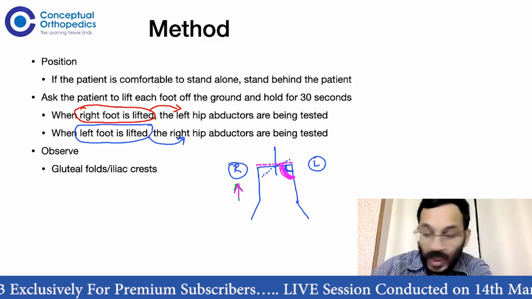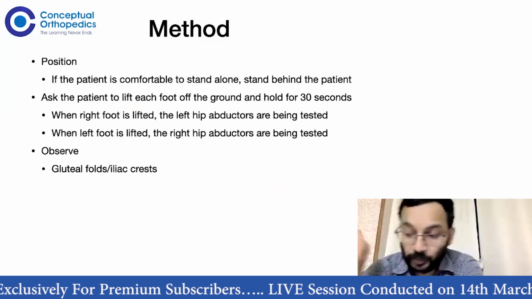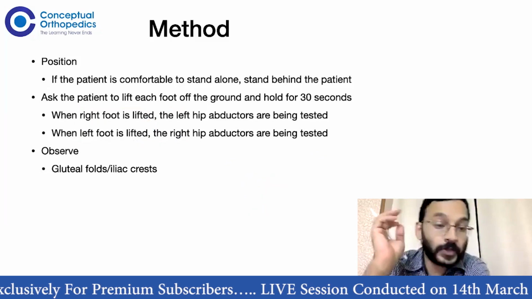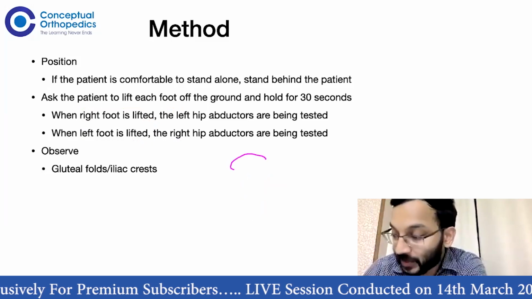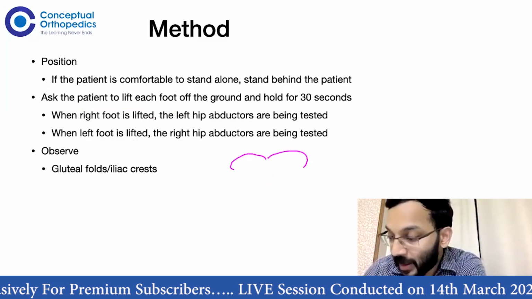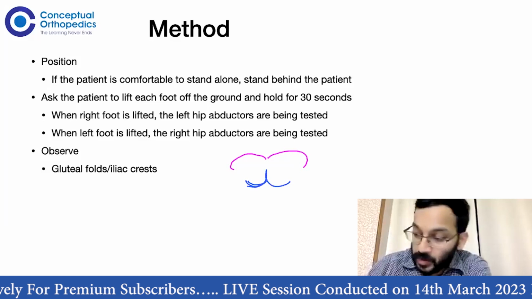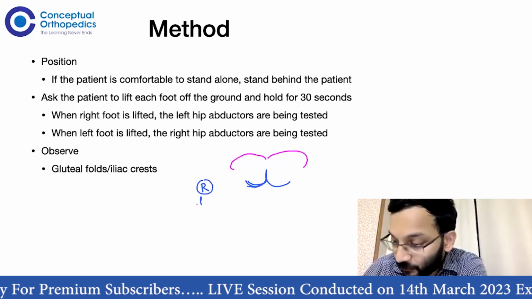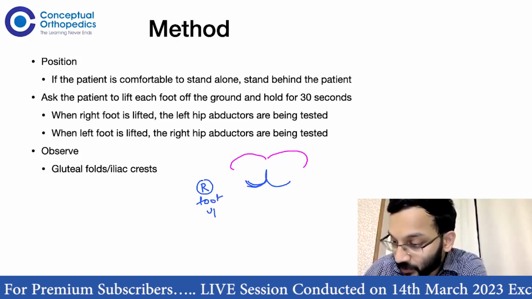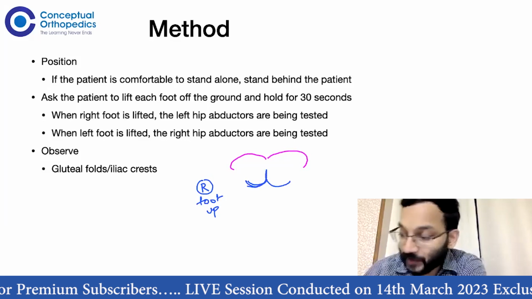Okay. And once the foot is lifted, we observe the level of the gluteal folds and the iliac crest. So you have the iliac crest coming from the top and the gluteal folds below. Now, if the right foot is upwards, the left hip is being tested.